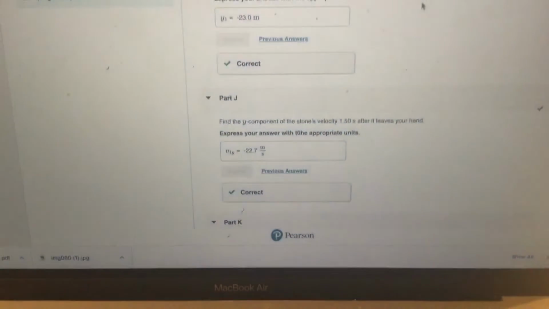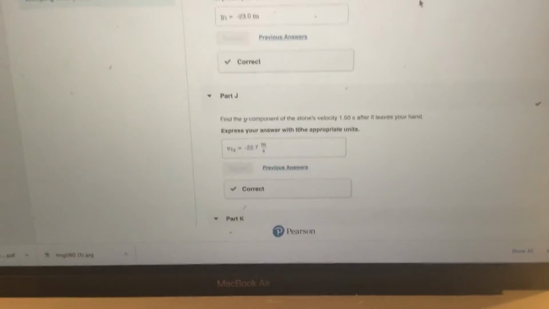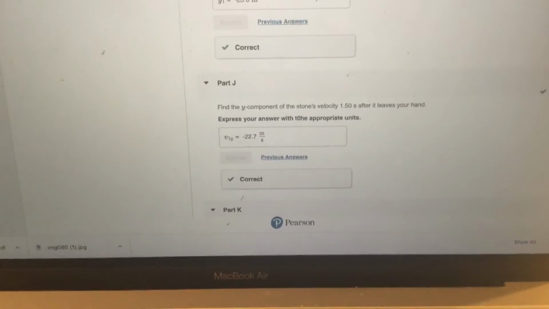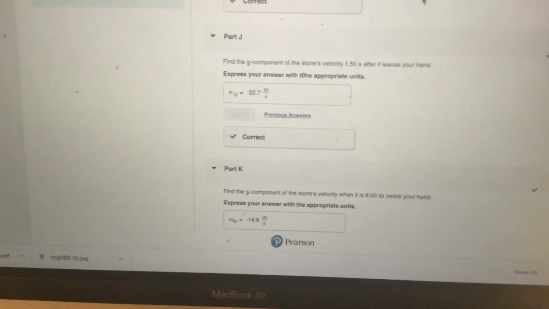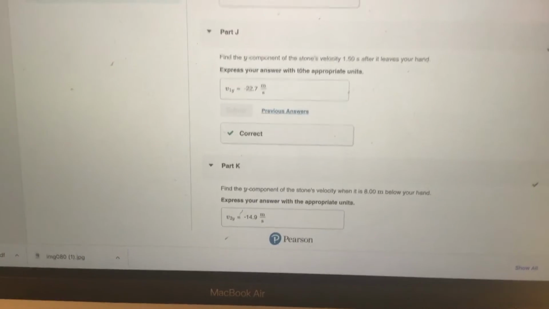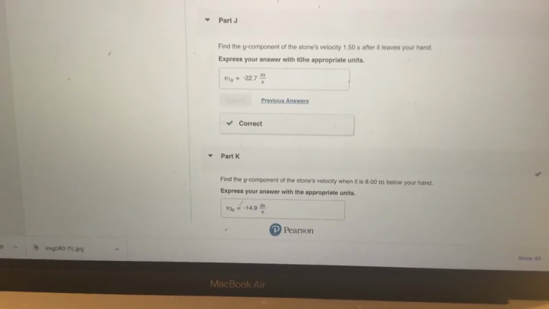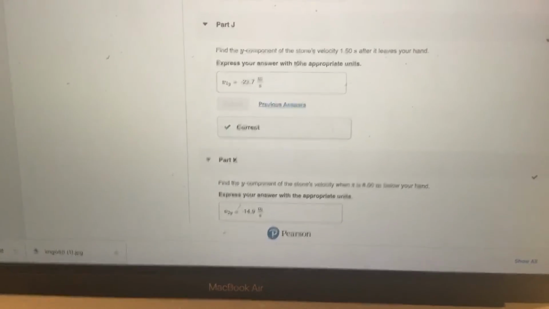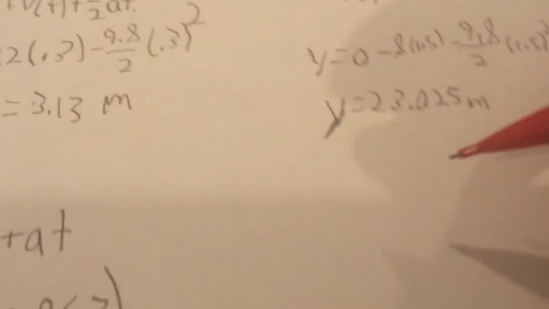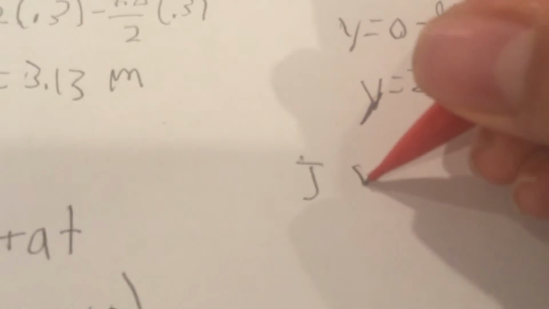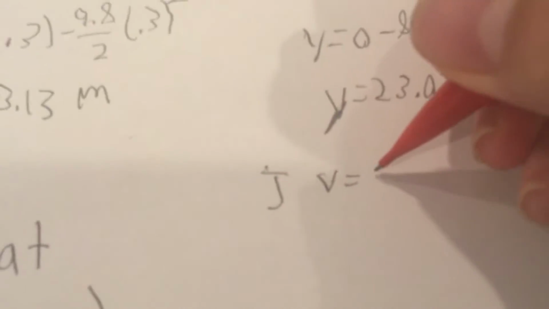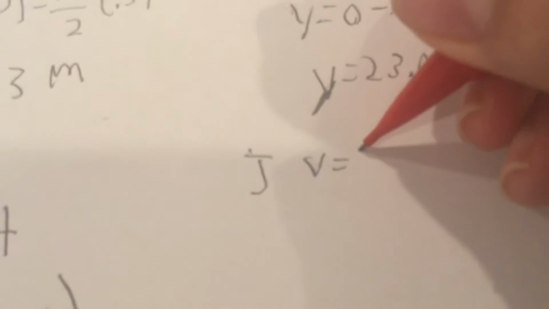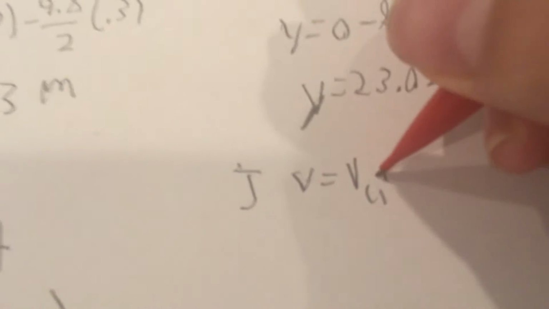Find the y component of the stone's velocity 1.5 seconds after it leaves your hand. So we'll use the equation for part J: V equals V naught plus at.